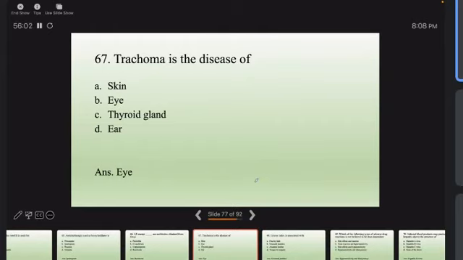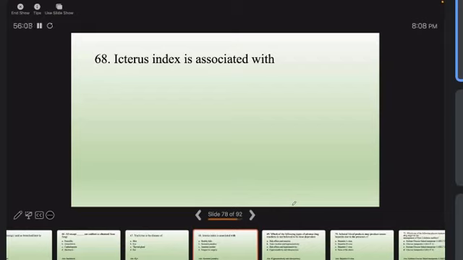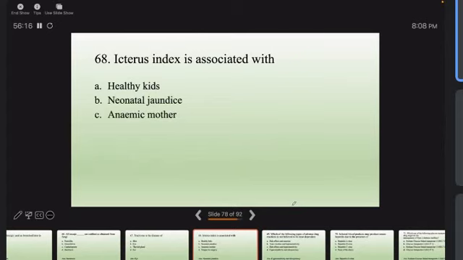Now let's move on to the next question. Icterus index is associated with healthy kids, neonatal jaundice, anemic mother, or tongue-tie surgery.